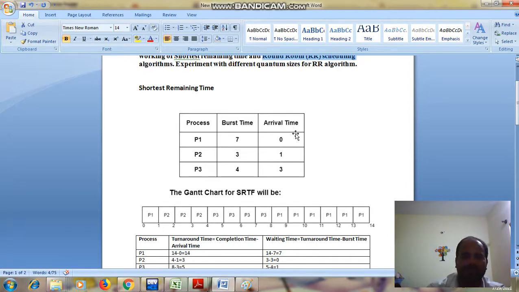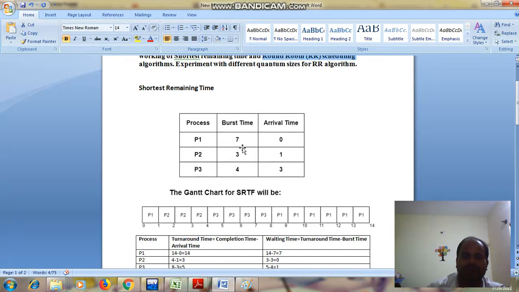That is called the arrival time. Then P2 comes after 1 second of the start of scheduling, and P3 comes after 3 seconds. So the arrival time of P3 is 3, P2 is 1 and P1 is 0.